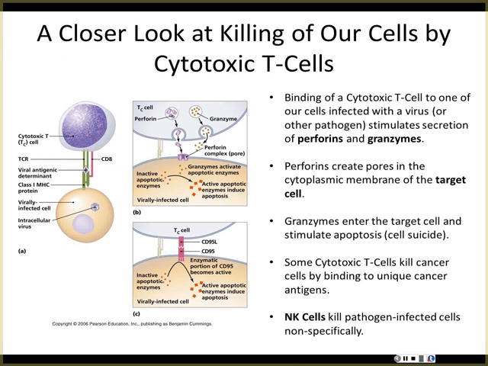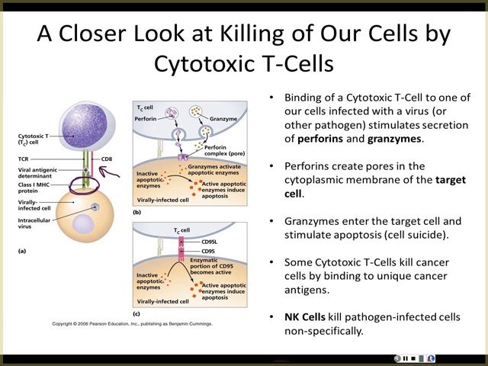And then the CD8 is helping to form a bridge between the cytotoxic T cell and that class 1 protein there. Just like that's what CD4 does. CD4 on a helper T cell helps form the bridge between the helper T cell and the class 2 protein. Helps form the connection, little networking that's going on there.